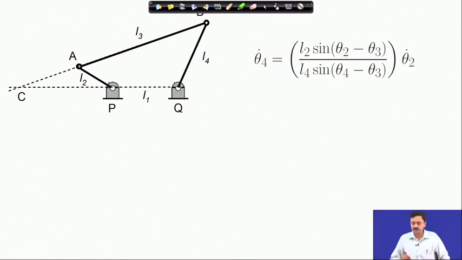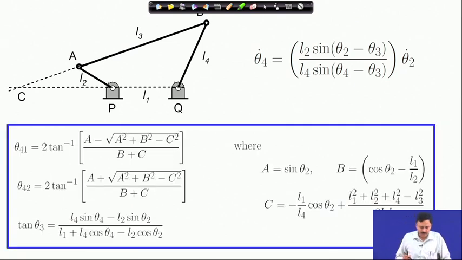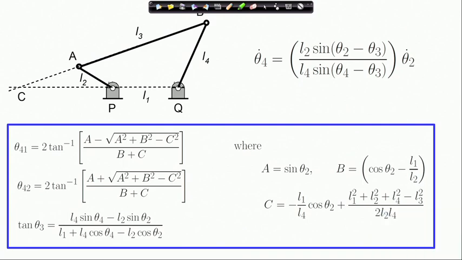Thus, we have this relation: theta 4 dot is this ratio times theta 2 dot. And just to recapitulate our displacement analysis problem, I was mentioning that given theta 2, I can solve for theta 4.